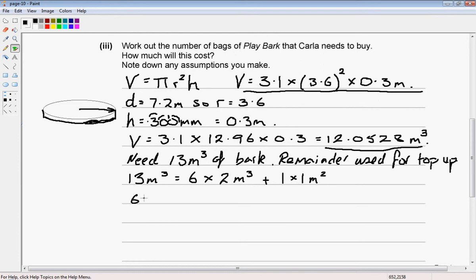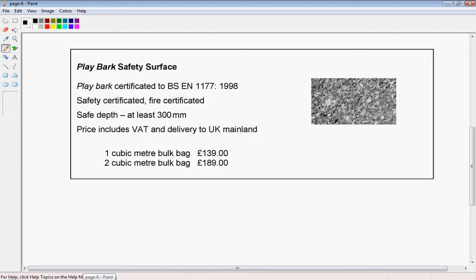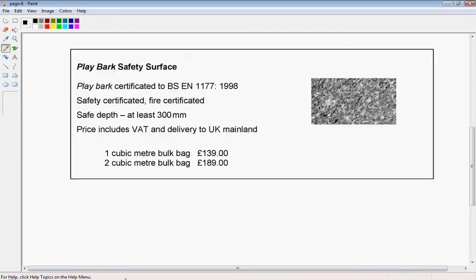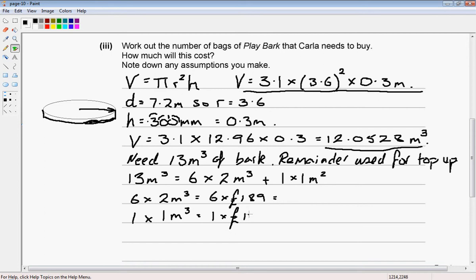Okay, so 6 times 2 cubic meters, now the cost is £189, and then 1 of the 1 cubic meter would be 1 times the cost of 1 bag, which would be 139.